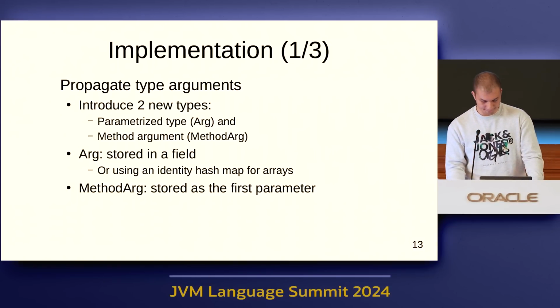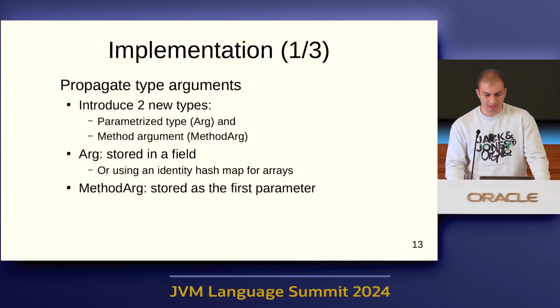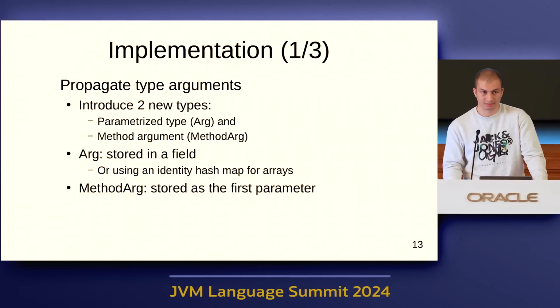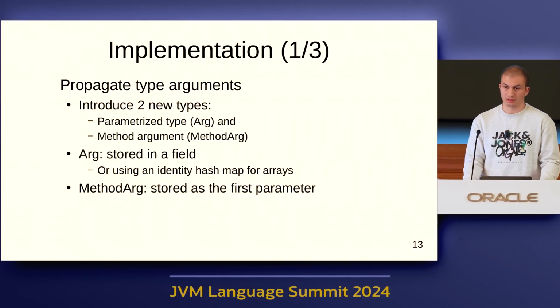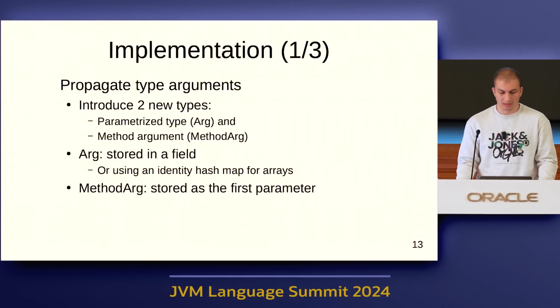So now I will talk more in depth about how the prototype works. The idea is, as we said, to propagate the type information during the runtime. To do so, we introduced two new types.